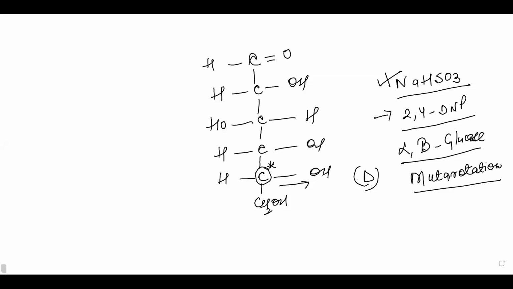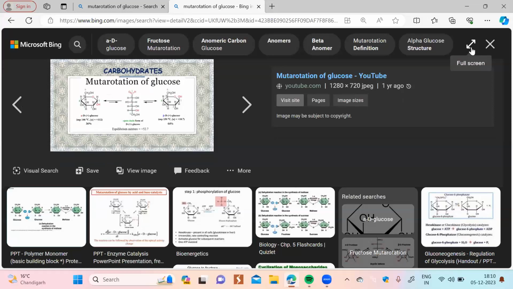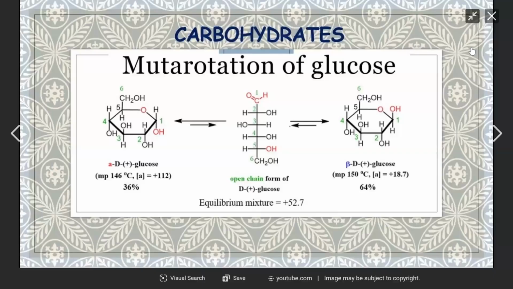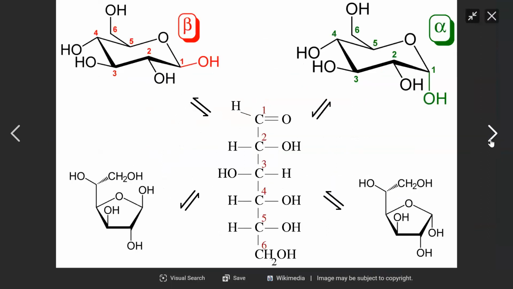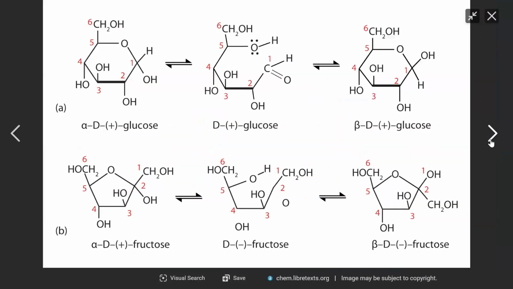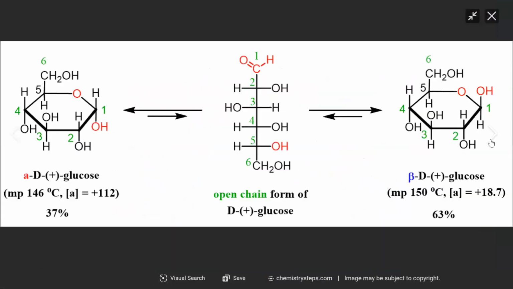I'm just showing it to you. Just give me a moment. Is this visible to you? Yes, sir. Now don't look at the structures first, look at the values below. Okay?